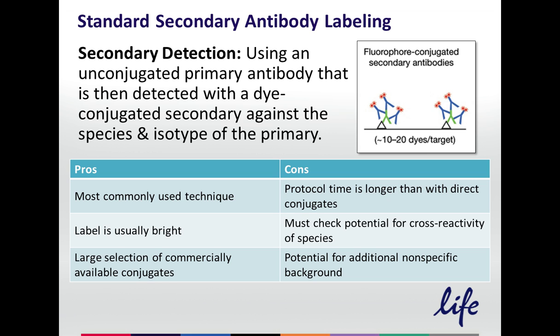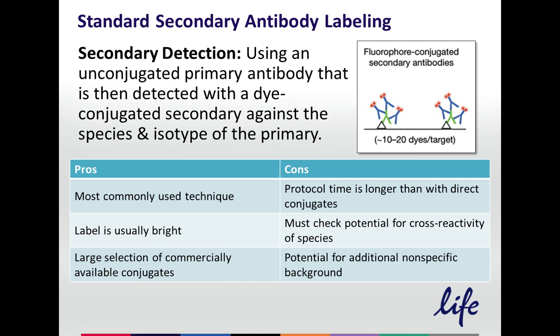You have to check the potential for cross-reactivity of the species if you're doing multiplex labeling. So if you have a mouse primary and a rabbit primary on the same sample, you have to make sure that the secondary antibody you're using to detect them doesn't label the wrong species. So you don't want your goat anti-mouse to label your rabbit primary or your goat anti-rabbit to label your mouse primary, right?